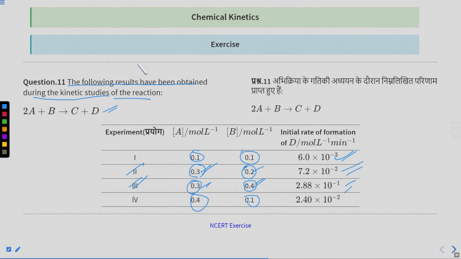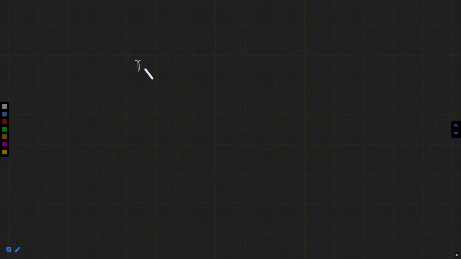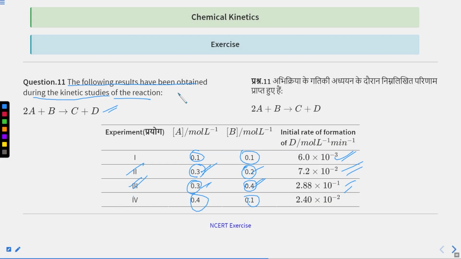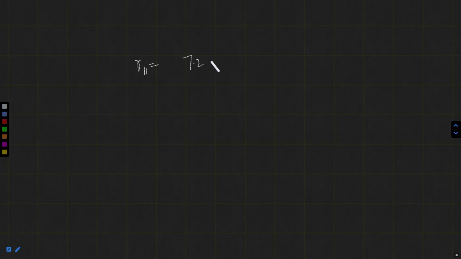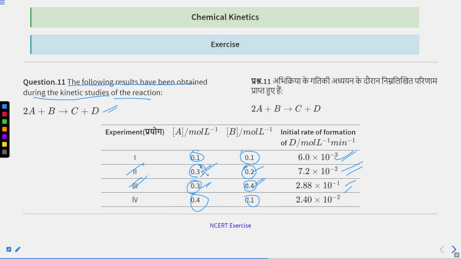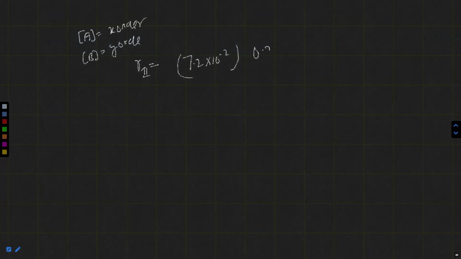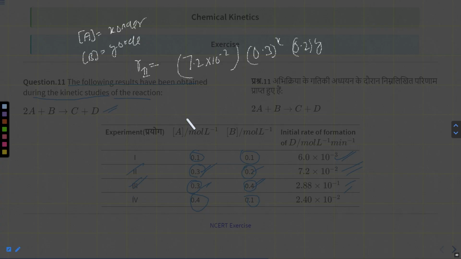If I write it for the second, R2, the K value is 7.2 into 10 to the power minus 2, and with respect to A it is X order, and with respect to B it is Y order. So the rate for the second condition can be written as 0.3 to the power x and 0.2 to the power y. Similarly, for the third condition, 0.3 and 0.4.